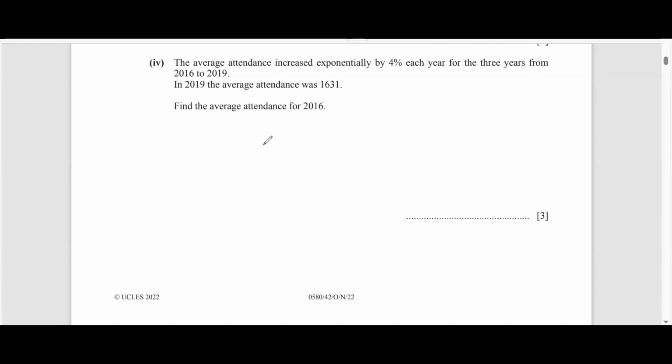So here we'll use the formula new value is equal to old value times multiplier. Now, in 2019, the average attendance was 1631. That means we know the new value as 1631. We need to find the attendance for 2016. That is, old value is what we need to find out.